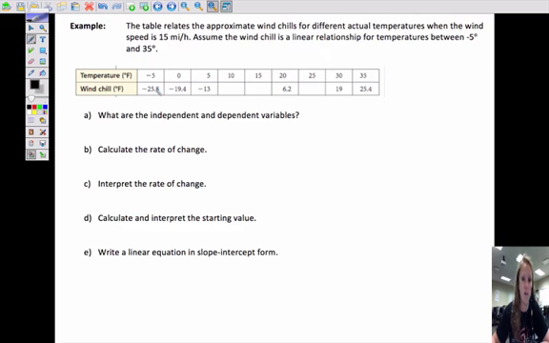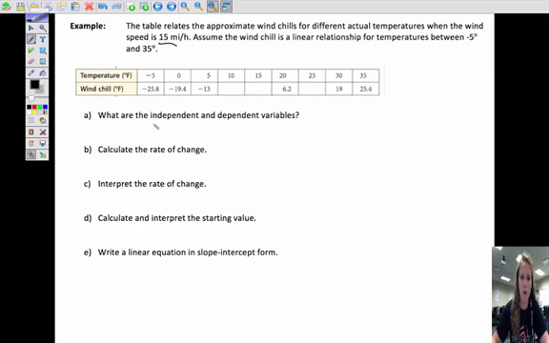When it's windy, it feels colder than it is. If we look here, we have -5. If that's the actual temperature, the wind chill is -25 degrees. If it's 35 degrees, then it feels like 25 degrees. Keep in mind this is with a 15 mile per hour wind.